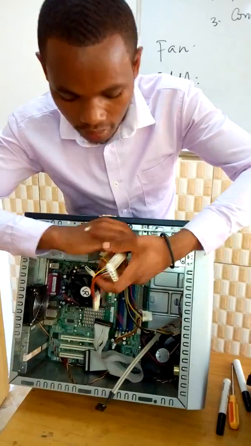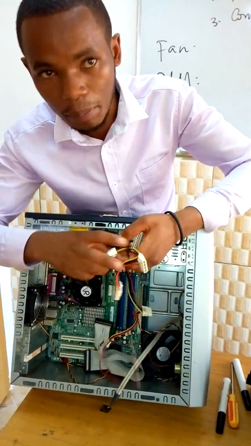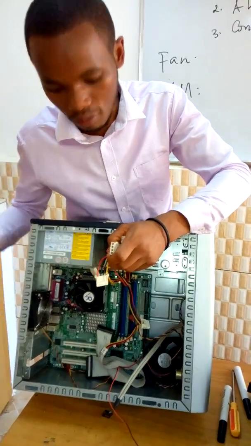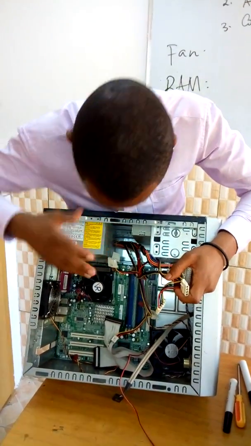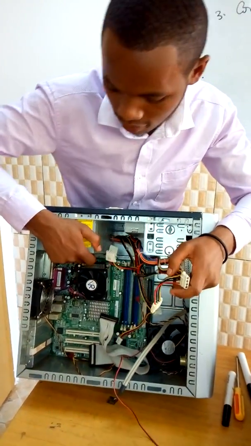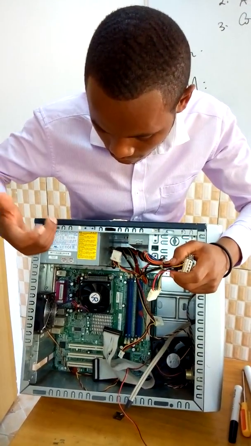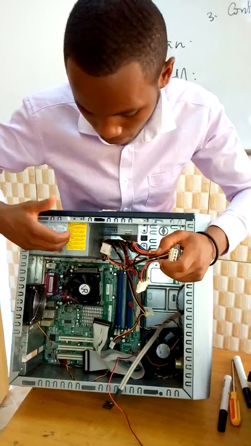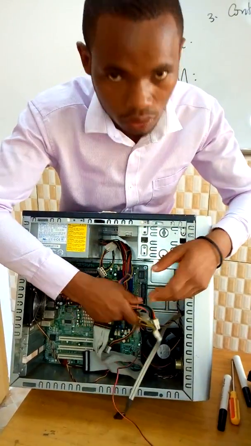And inside we have the power cable, which is used for transferring power from the power supply device, which is this one. This is the power supply. This cable transfers power from the power supply to different parts of the computer.